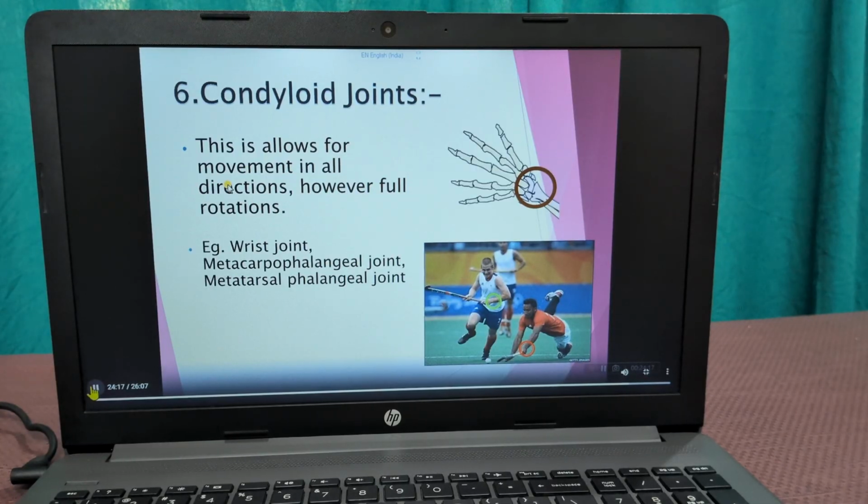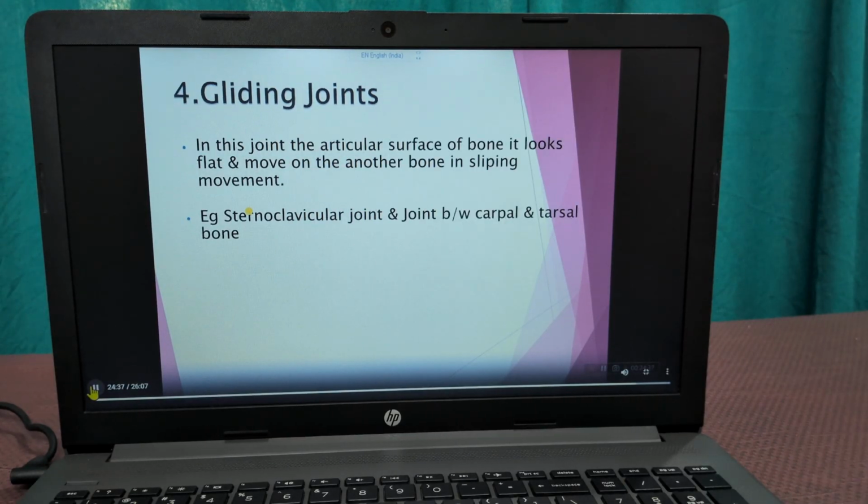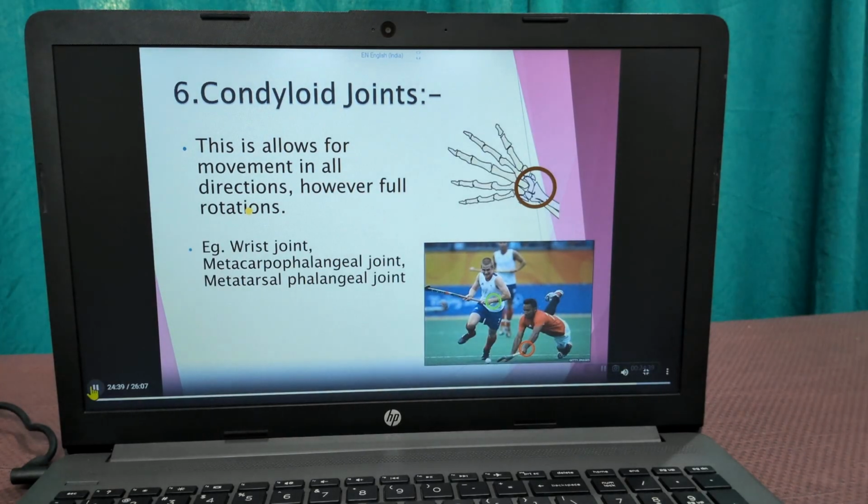Condylar joints allow movements in all directions, as you are able to rotate your wrist in all directions because they have full rotation. But saddle joints are present between the fingers, so you can move backward or right to left.